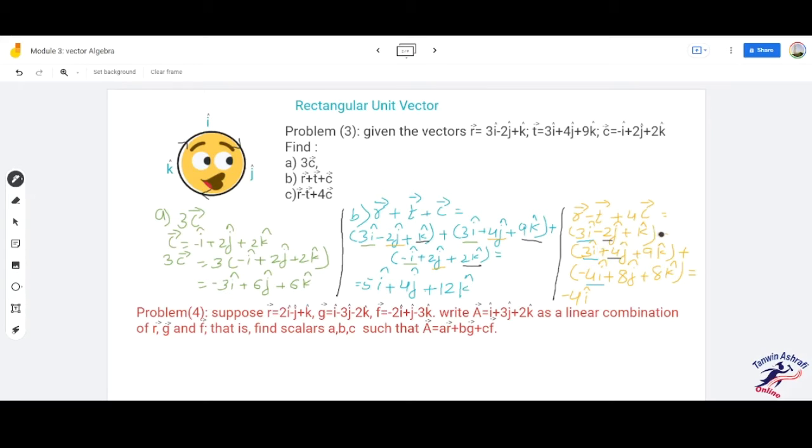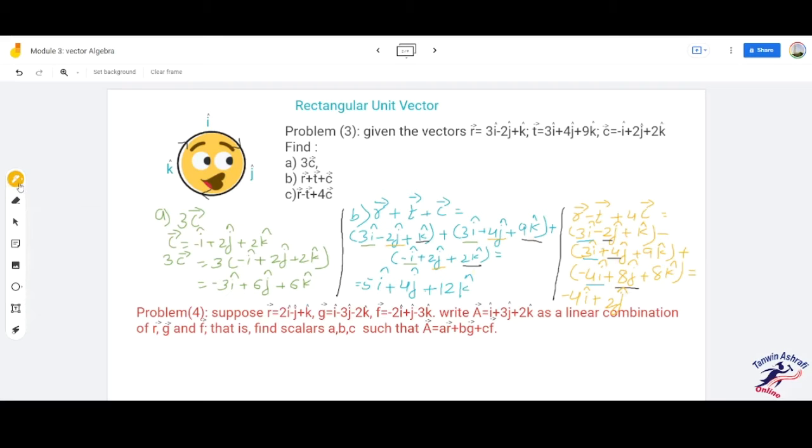Because this minus sign is outside the bracket, in the equation R minus T, so we have to make the negative of T. So minus 2 minus 4 is minus 6 plus 8, that means plus 2j cap.